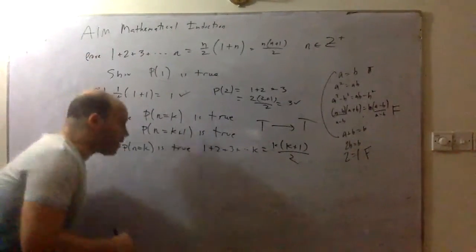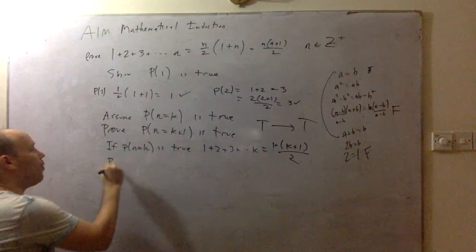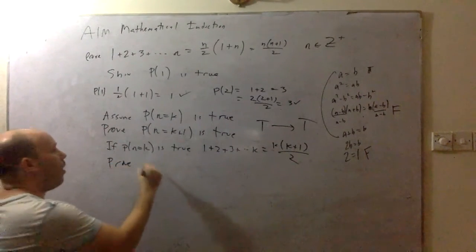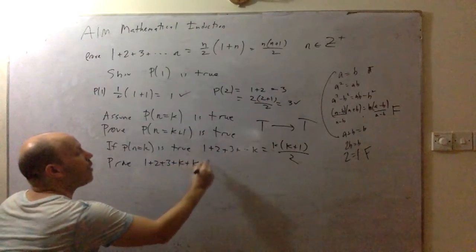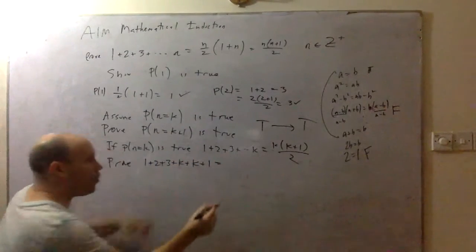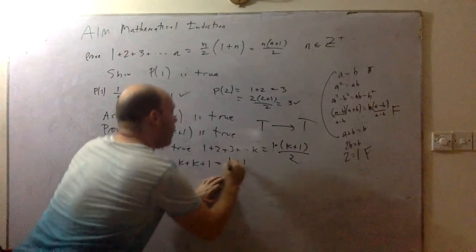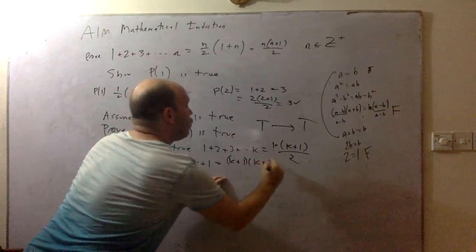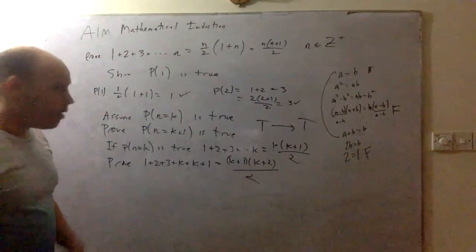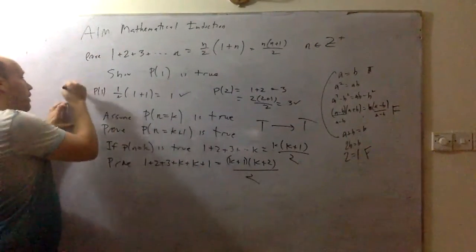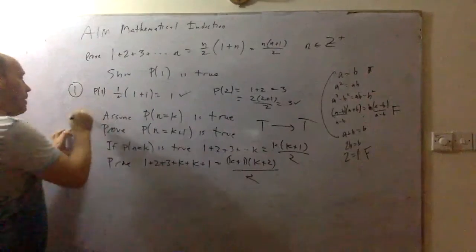We're going to use this, and we need to prove that 1 plus 2 plus 3 up to k plus 1 is equal to k plus 1 times k plus 2 over 2. That's the idea. So once again, step 1, step 2, step 3.